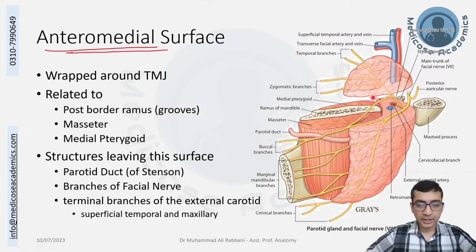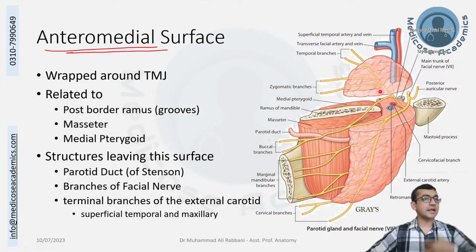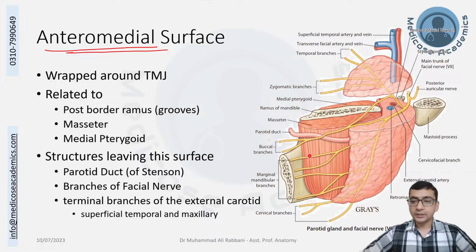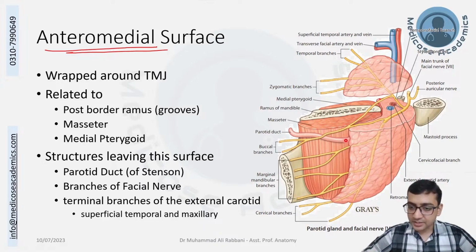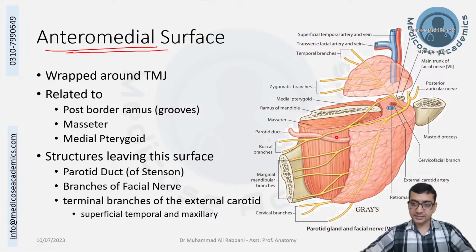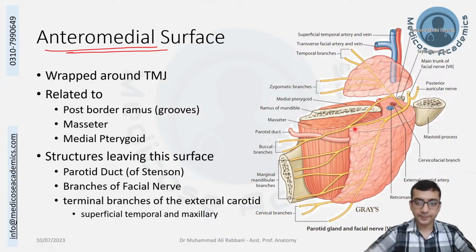What else is related to the anteromedial border are the things that are exiting the parotid gland. That includes the parotid duct of Stensen, exiting from the anteromedial surface onto the surface of the masseter, and the five branches of the facial nerve: the temporal, zygomatic, buccal, marginal mandibular, and ultimately cervical branches.